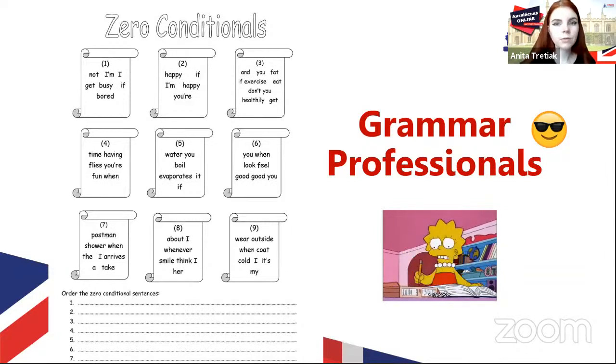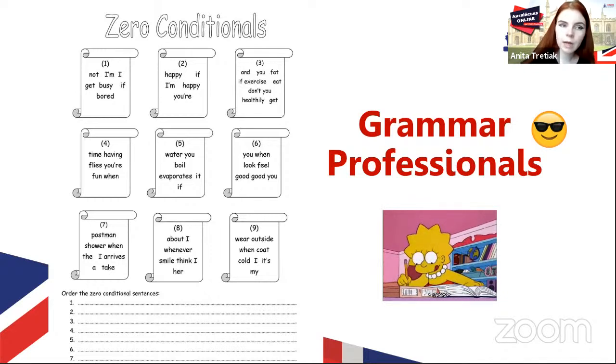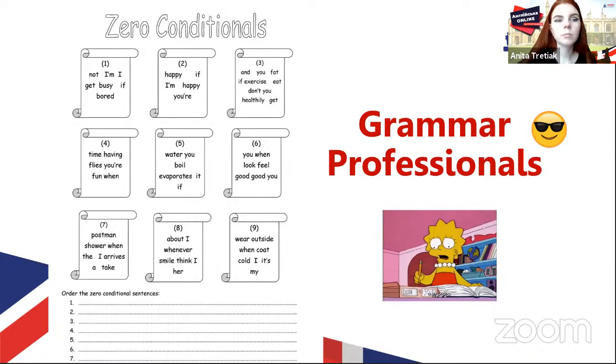That's why it sounds like this. I get bored. This is my result. And then the condition. If I'm not busy. So what happens? I get bored. Why does it happen? If I'm not busy.